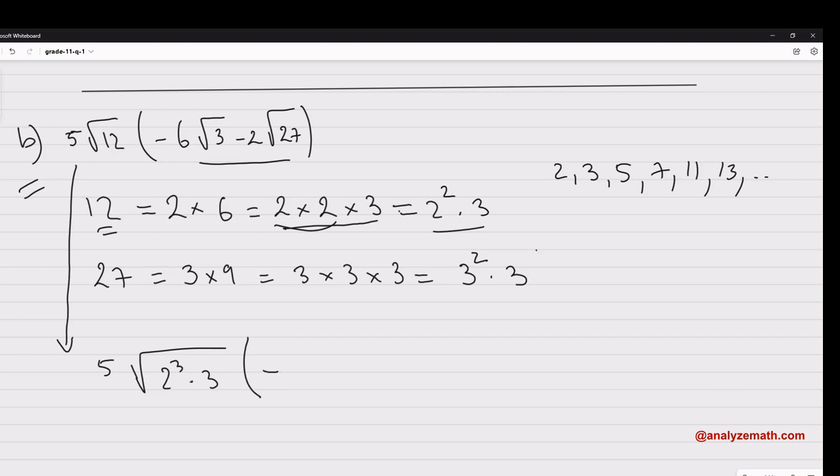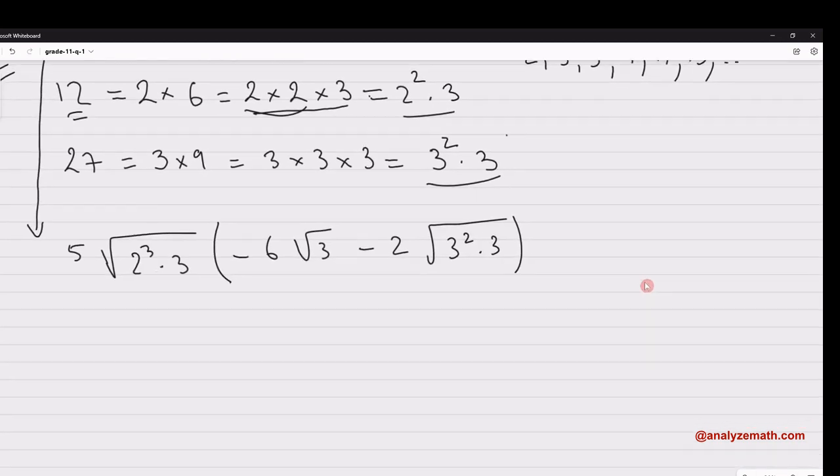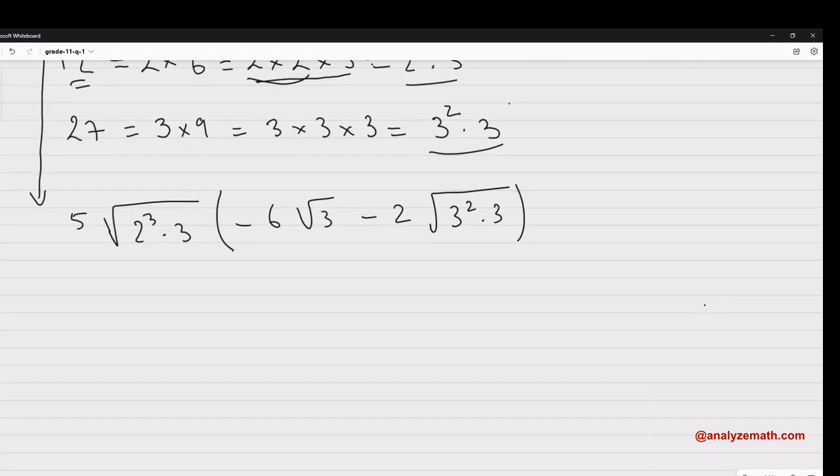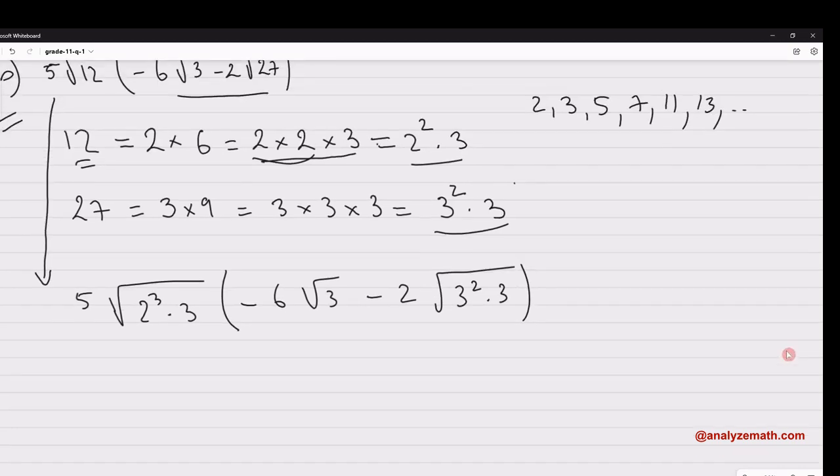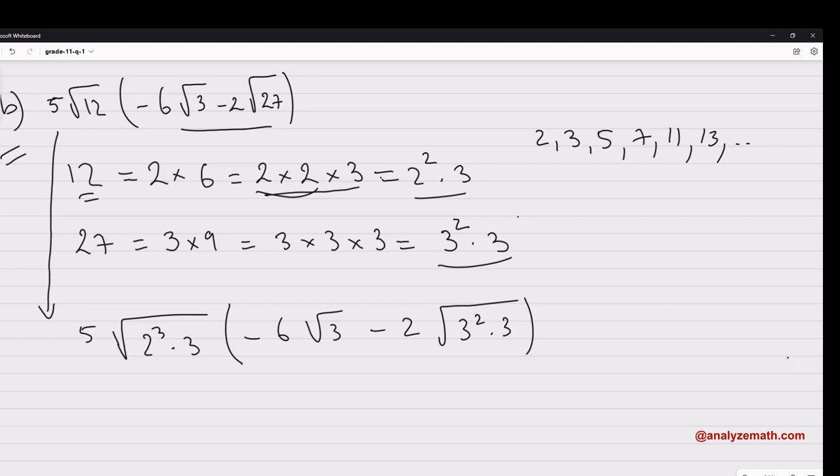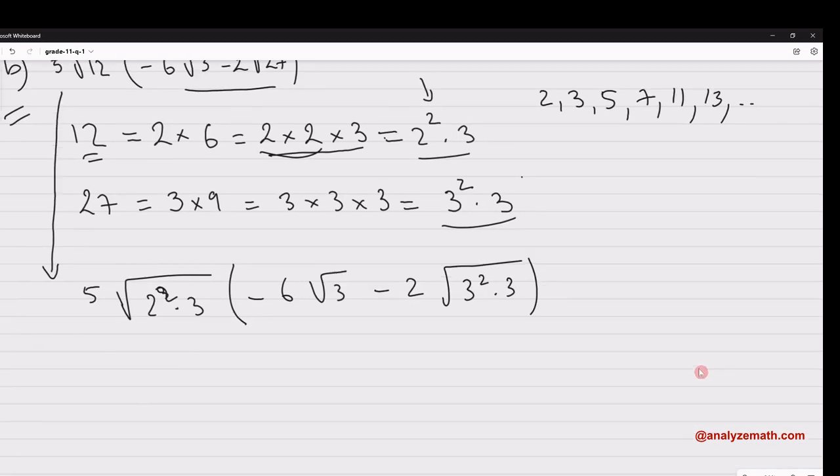Bracket. Minus 6 square root of 3. Minus 2. Now 27. It's a 3 power 2 multiplied by 3. Now we start simplifying. Now there is a small mistake here. 12 is 2 power 2, 2 power 2 and not 2 power 3.